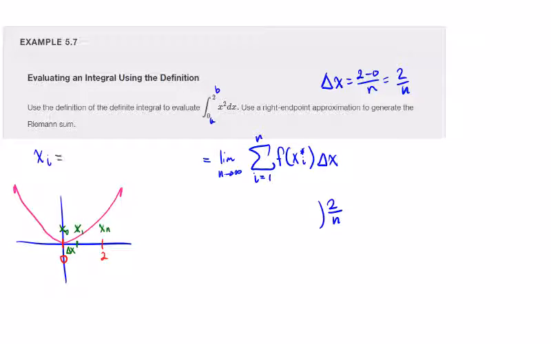And so x sub I, the next item in the list, is going to be x sub 0, wherever you start out at, plus delta x times I, right? However many delta x you have, because if I is 1, you just go 1 delta x. If I is 2, you're going to have 2 delta x's.